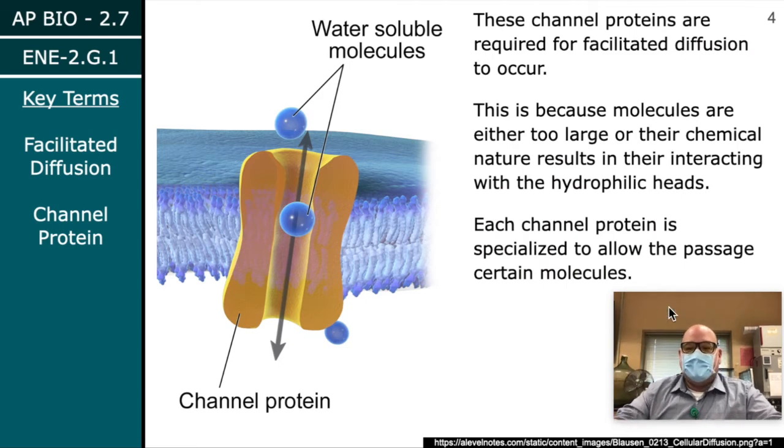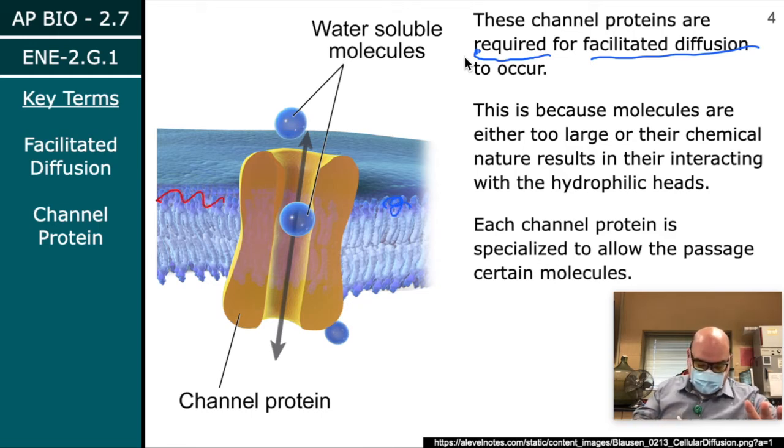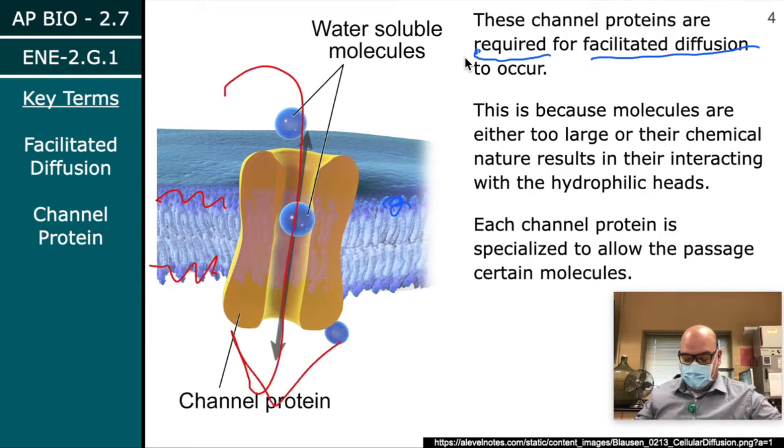So these channel proteins or transport proteins, they are required, okay? This is a must for facilitated diffusion. And again, the reason why molecules are too large or something about their chemical makeup doesn't allow them to get through the phospholipid bilayer. It has to go through here, okay? And like I said on the last slide, I'm saying it twice because it's important, okay?